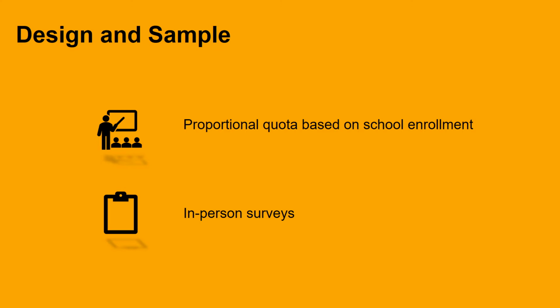Respondents were chosen from a proportional quota based on school enrollment, and these schools included business, math and social sciences, behavioral sciences, arts and humanities, natural sciences, and finally, education. However, due to weather conditions, the schools of natural sciences and business were undersampled.